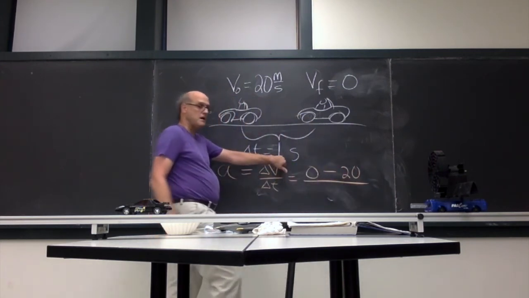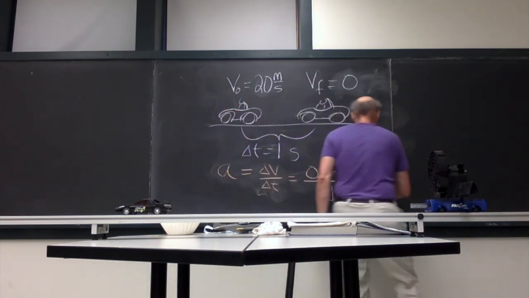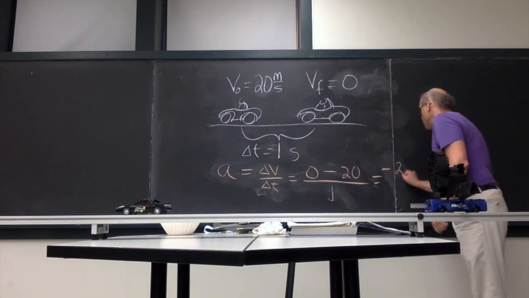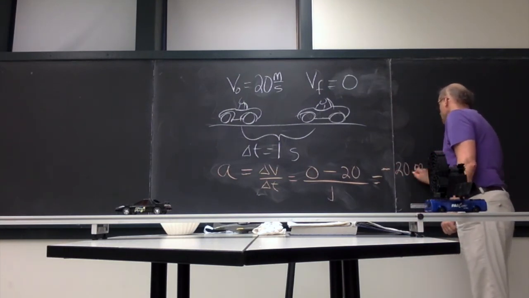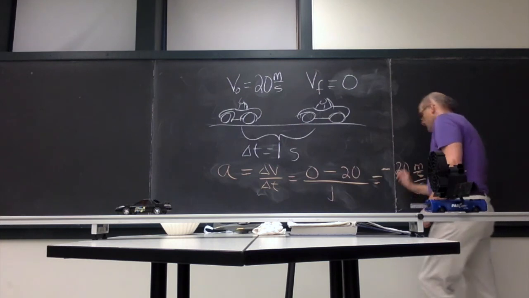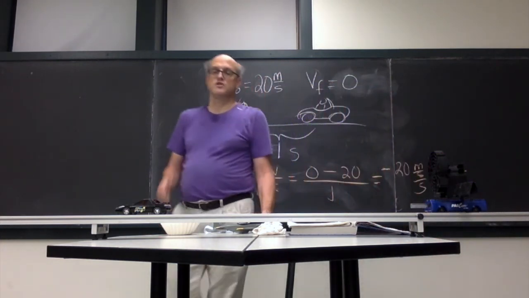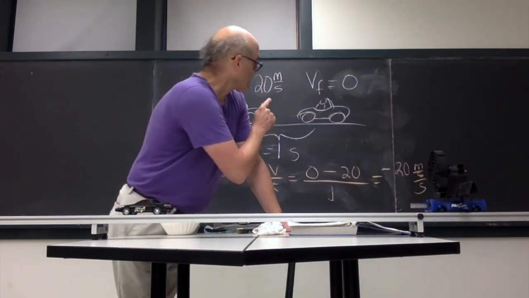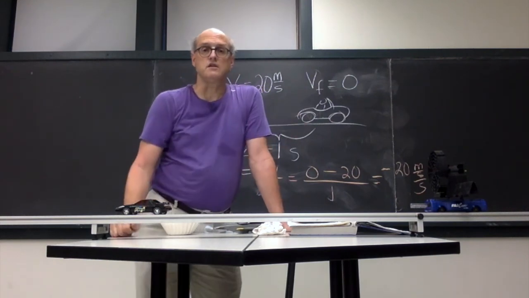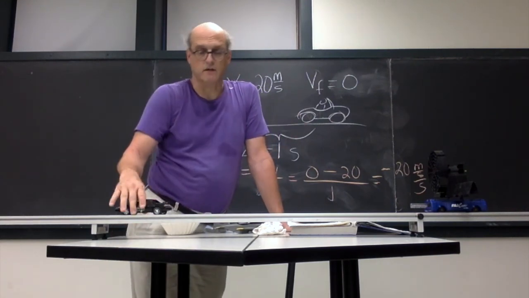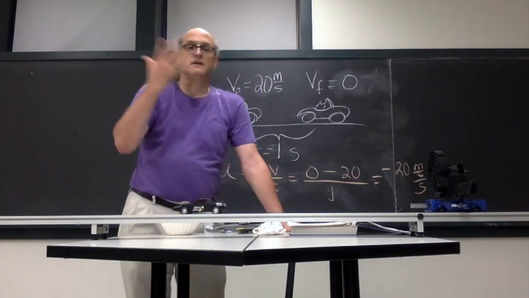Divide that by the time, 1 second, and we get negative 20 meters per second per second. So in other words, each second, the car's speed decreases by 20 meters per second. So that's why in 1 second, it's at rest.